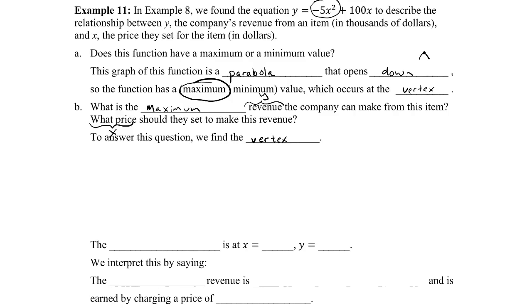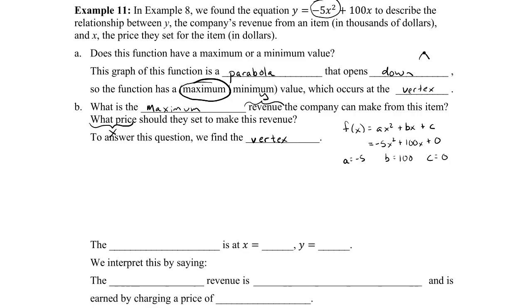In the vertex formula, our function is f of x is ax squared plus bx plus c. Our actual function is negative 5x squared plus 100x plus 0. So a is negative 5, b is 100, and c is 0.